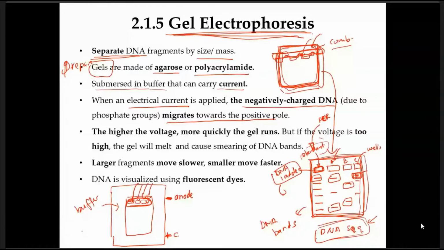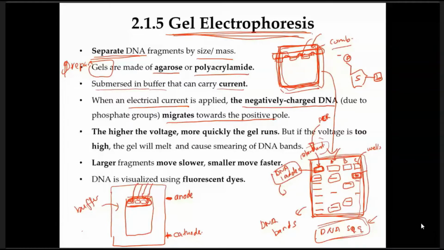Kenapa kat sini awak nak kena letak dia negatif pole dekat dengan DNA tu? Sebab DNA sifat dia negatif, kan? You know that the structure of a nucleotide, okay, dia ada phosphate, sugar, base. The phosphate is negatively charged. So that's why, kenapa kita panggil DNA as DNA? Deoxyribonucleic acid. Okay, acid.